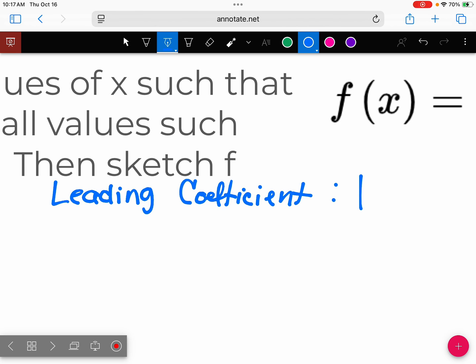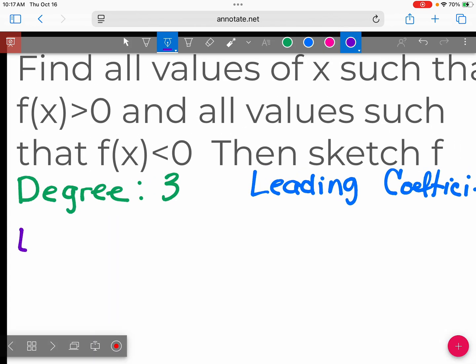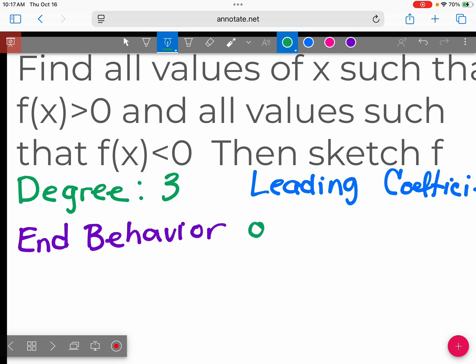From that and that alone, I can get my end behavior. Because for end behavior, are we thinking about evens or odds? Odd. And then are we going to be thinking positive or negative? Positive. Our leading coefficient is positive 1.